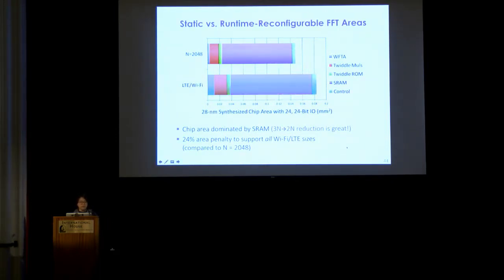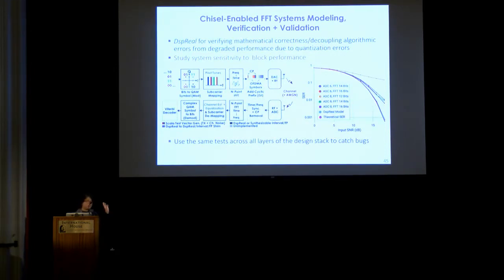And also, if you wanted to support all Wi-Fi and LTE sizes reconfigurably, compared to just a standard n equals 2048 point FFT, you only have a 24% area penalty. So this kind of touches upon some of the stuff that we were working on with Chisel DSP.